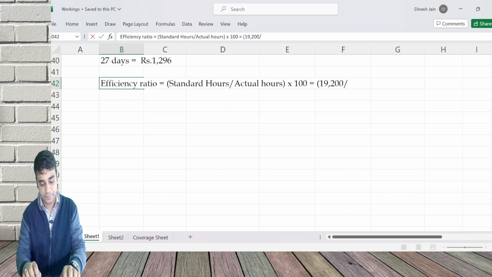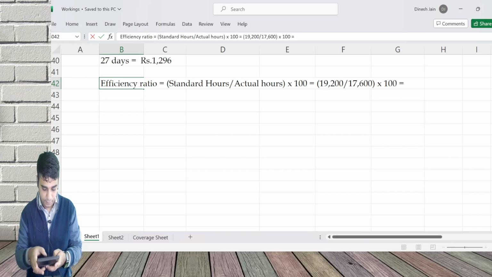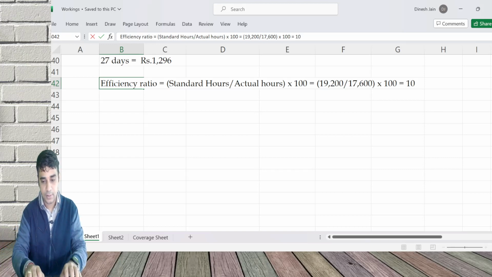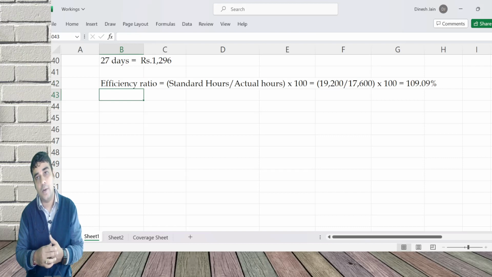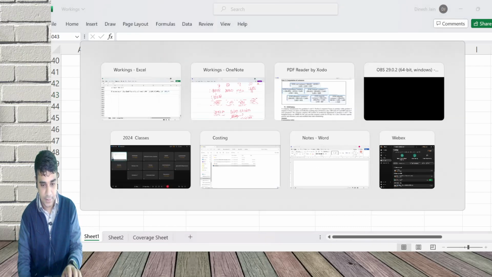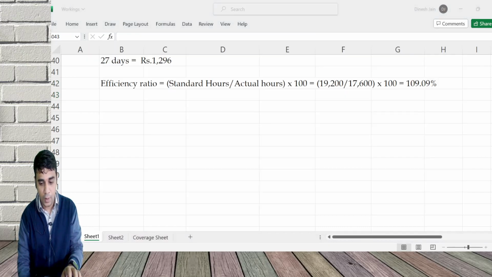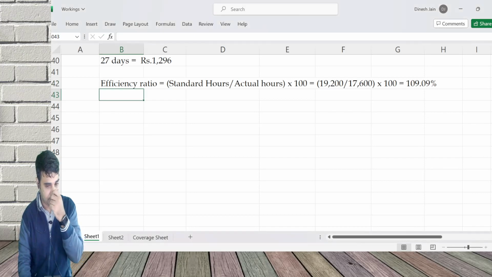Actual hours into 100. 109.09%. Any doubts on this?